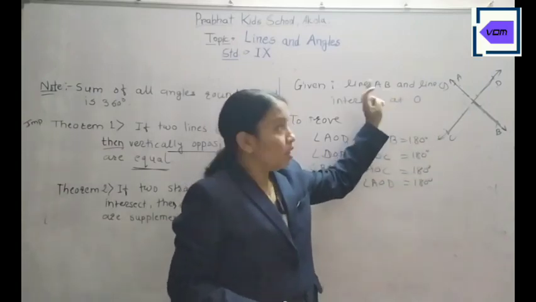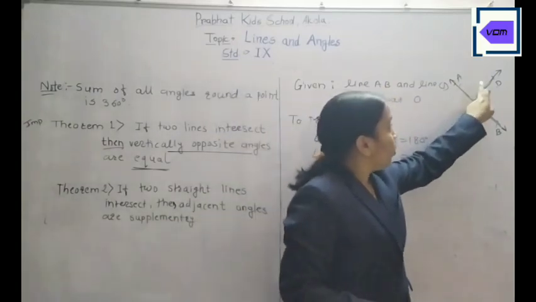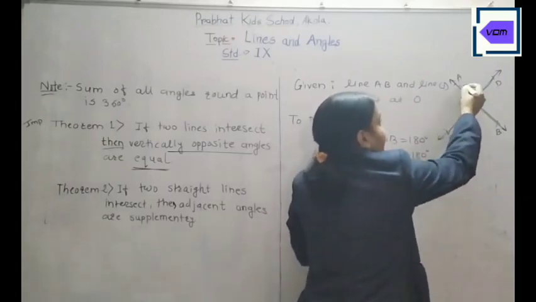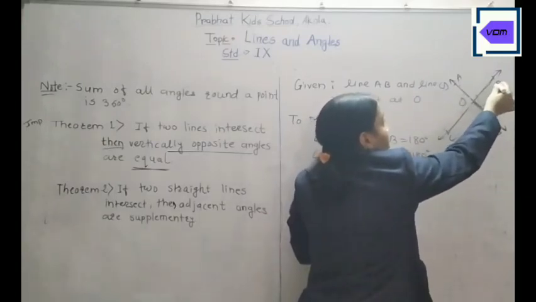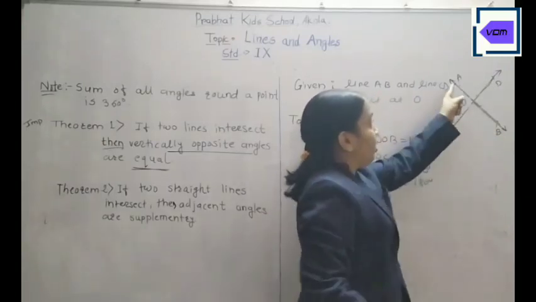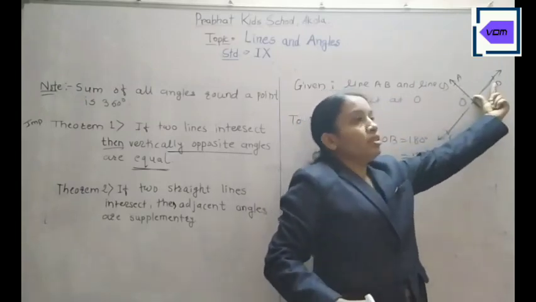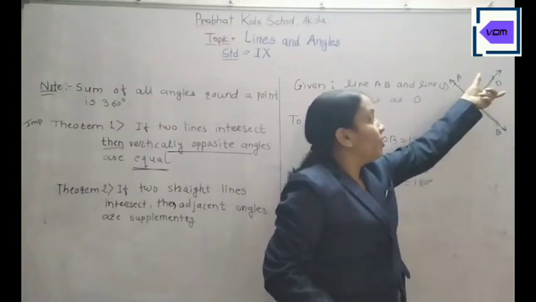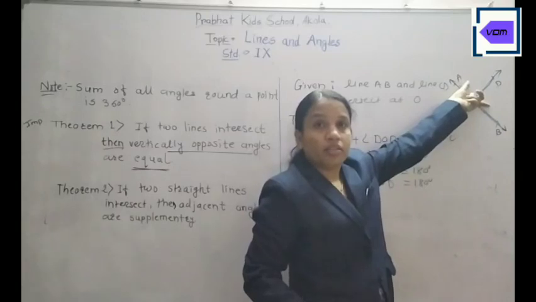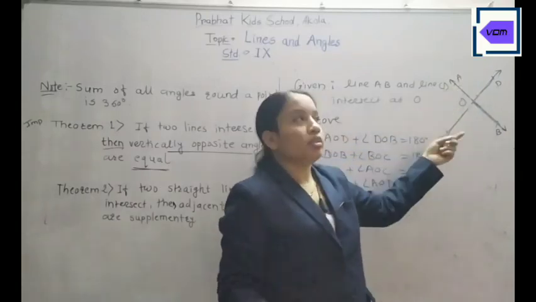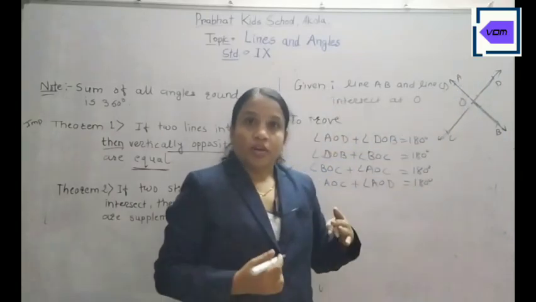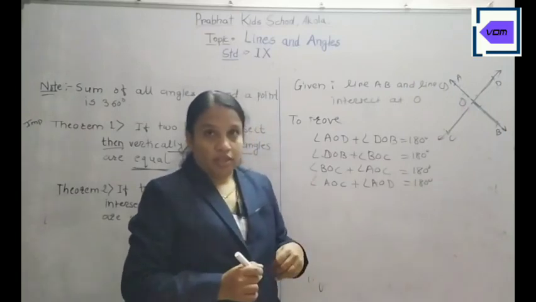Lines. Okay. Now AOD and DOB: AB is a line, OD is a ray that stands on it. Therefore the sum of these two adjacent angles is 180 by axiom 1. That is what you have to prove, but you have to write the reason for that.